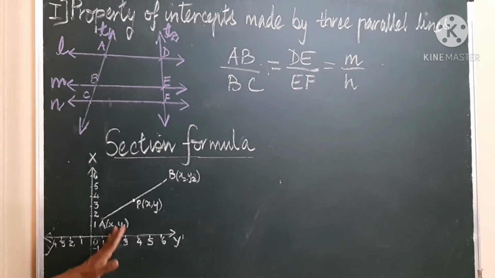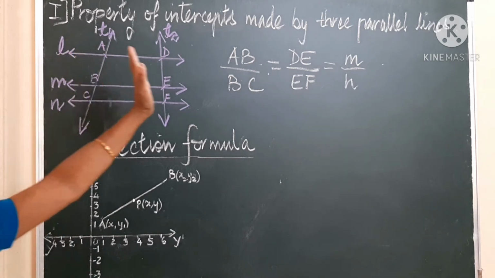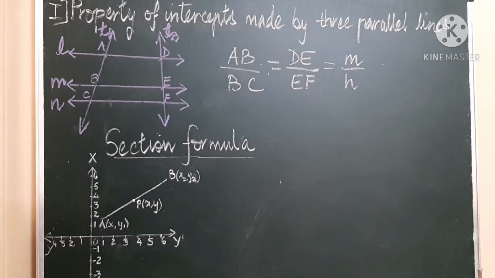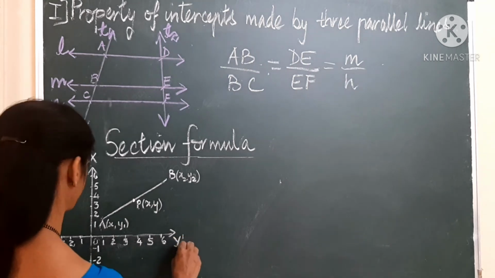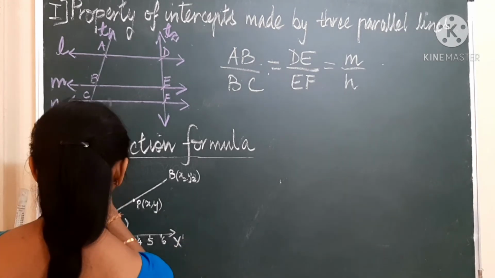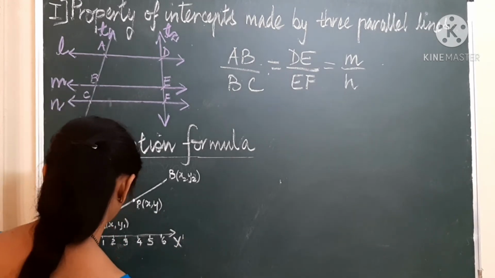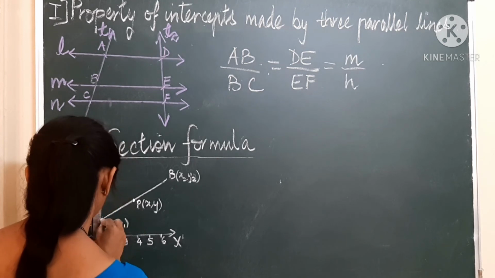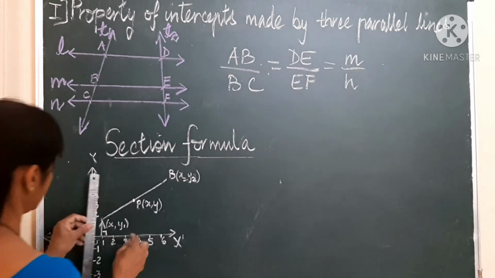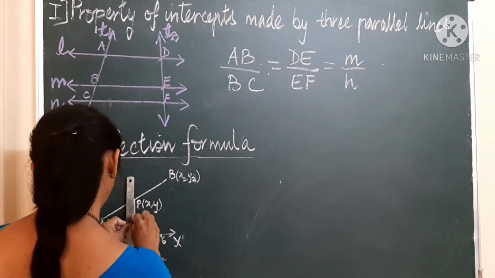Again children, let's take the base of property of intercepts made by three parallel lines to understand how to derive the section formula. For this, let's draw three perpendiculars from point A, B and P towards your x-axis. This is one. From P, again drop another perpendicular.